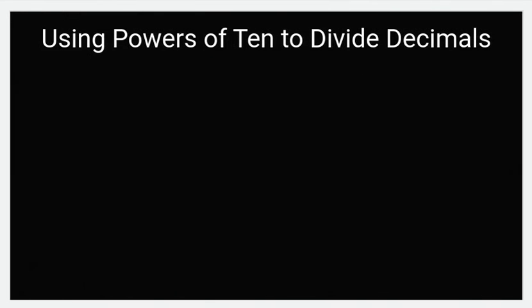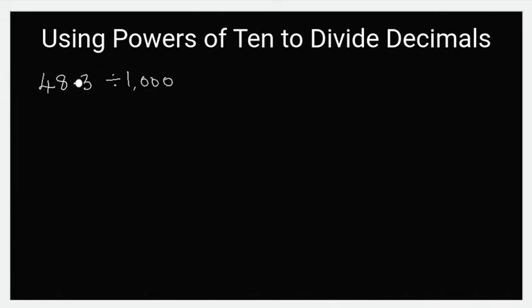Let's go to dividing decimals with multiples of 10. All right, so we have 48.3 divided by 1,000. Now, if you remember, in multiplying decimals with powers of 10, we had to move forward. In dividing decimals with powers of 10, we will move backward. We will move our decimal point backward the number of zeros we have.